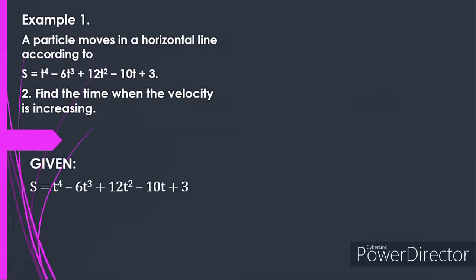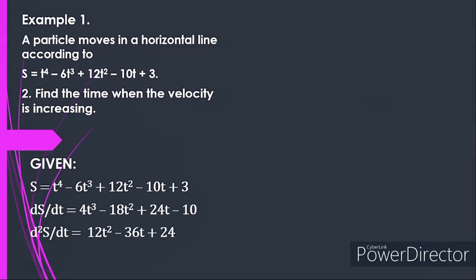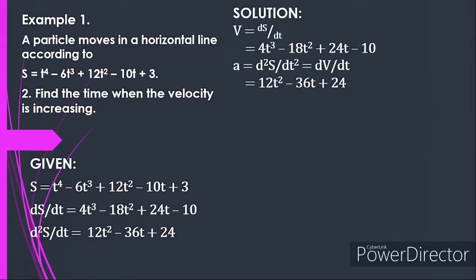So, based sa given natin na distance, pag i-differentiate natin siya into velocity, ang formula ng velocity natin is 4t cubed minus 18t squared plus 24t minus 10. Differentiate again, makukuha natin si formula ng acceleration, which is 12t squared minus 36t plus 24.